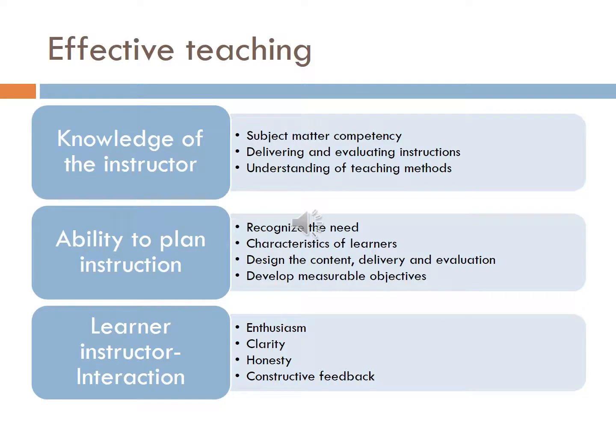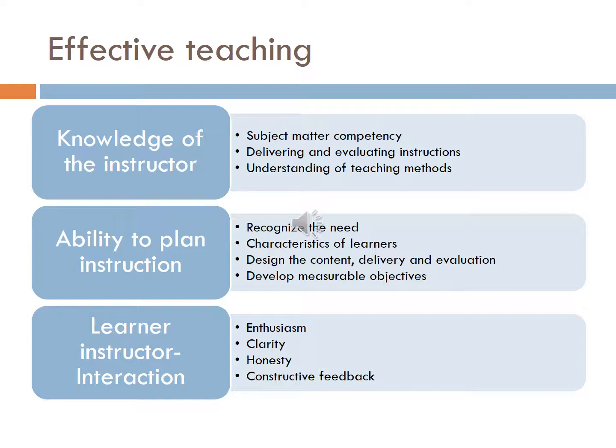If we think about effective teaching, there are three main things that affect teaching: the knowledge of the instructor, the ability to plan instruction, and the learner-instructor interaction. So the instructor should be subject matter competent, and should be able to deliver and evaluate instruction, understand the different types of teaching methods and different types of learners, and adapt the materials for them as well.